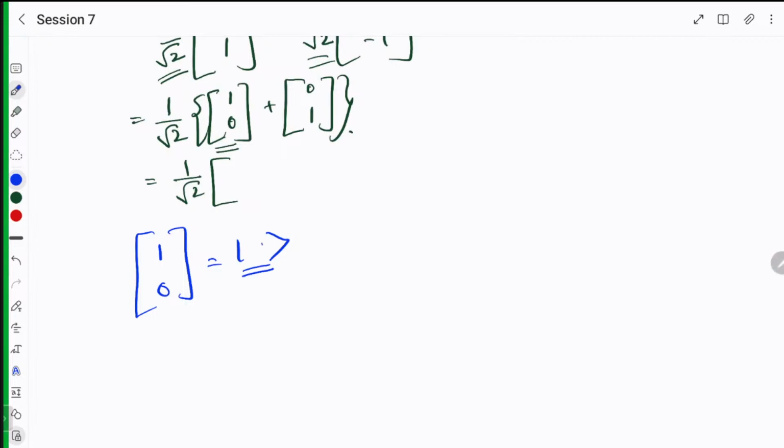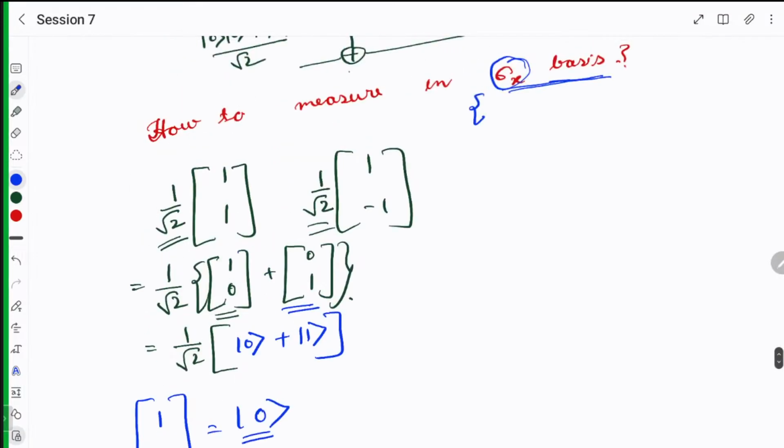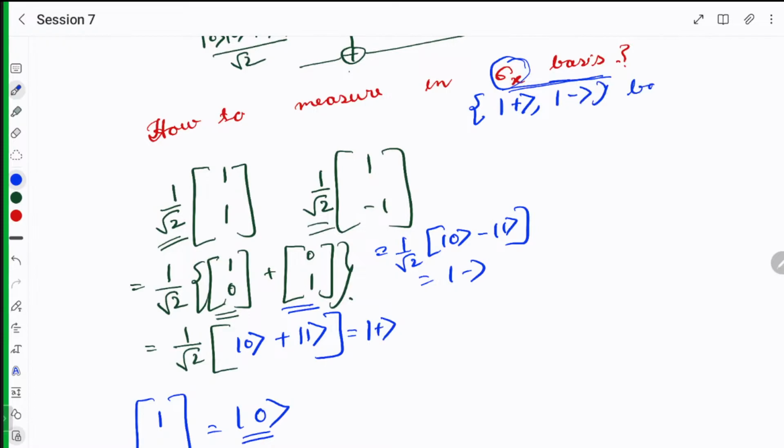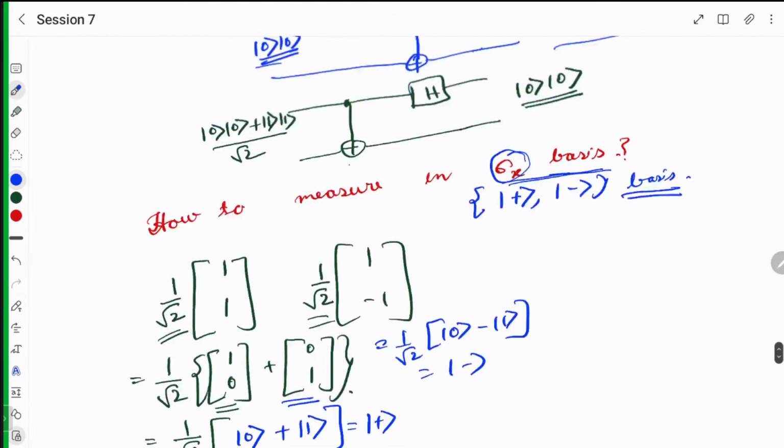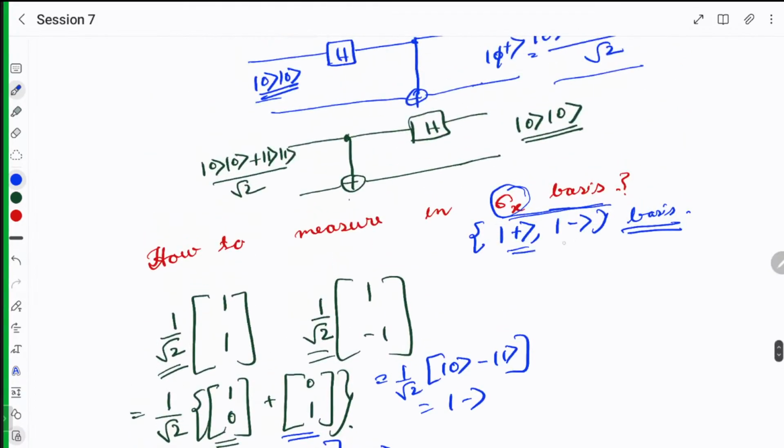Ket 0, right. And this is ket 1. Similarly, you can write the other as 1 by root 2 times ket 0 minus ket 1. And remember, this is nothing but ket plus and ket minus. So the sigma x basis means measuring in the ket plus, ket minus basis. How can we measure in the ket plus, ket minus basis when we can only measure in the 0, 1 basis?